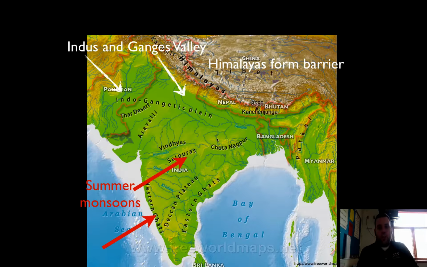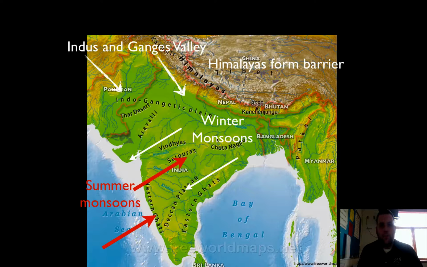But then in the winter time, the winds shift and they come out of the north, and we have these winter monsoons. What happens with these winter monsoons is that the winds come off the Himalayan mountains and bring dry, crisper air, which dries out the area. So in the winter time, you'll notice that it's a lot drier.